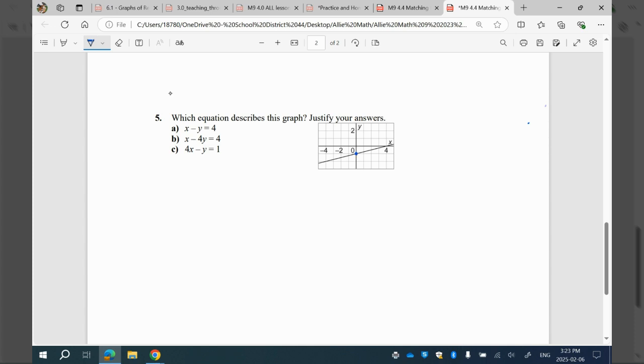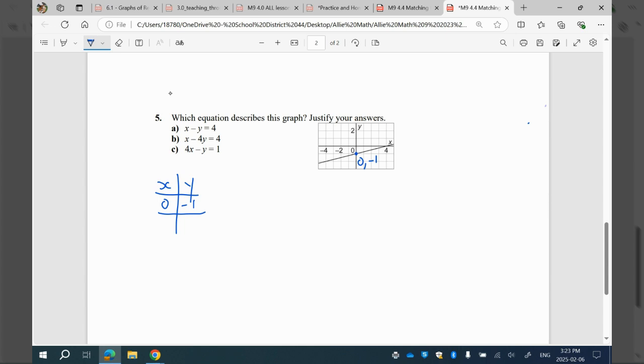So we have a dot that's 0, negative 1. Let's make a table of values here. We got one at 0 and negative 1. So let's see if that's true in our first equation.